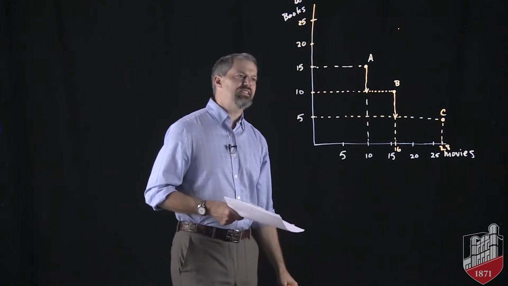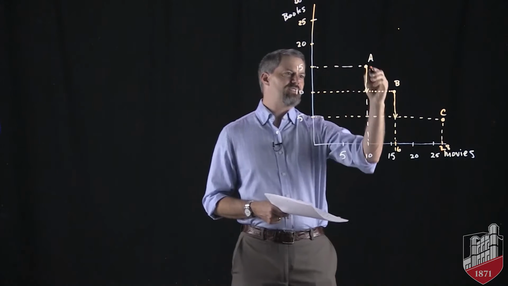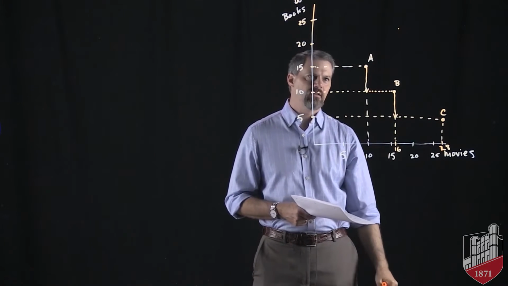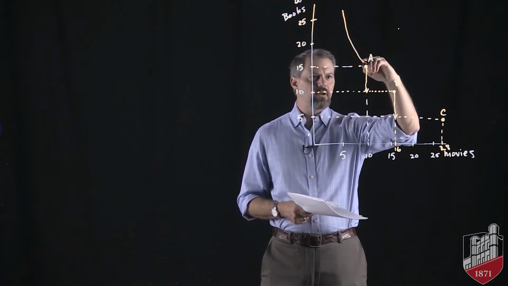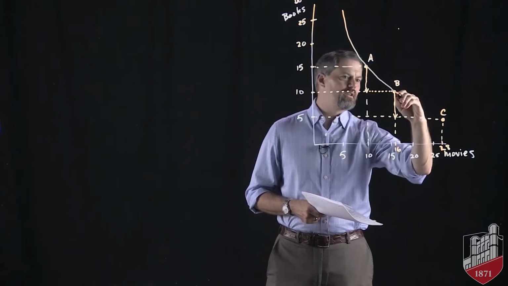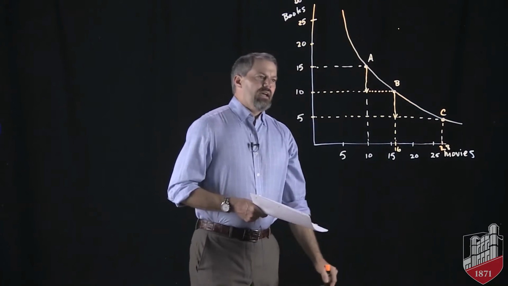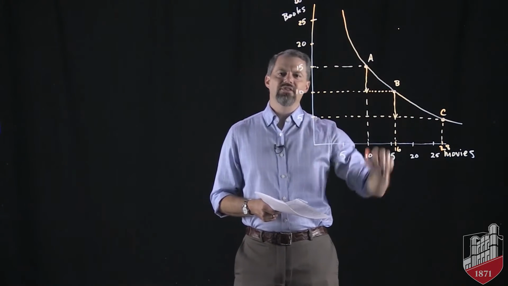And so what you can see is that as we move down in this direction, if we were to connect these points, we've got 3 points that the consumer is indifferent between. If we were to connect those, what we would get is a nice curving object that looked something like this. And this curve would represent bundles that the consumer is indifferent between.